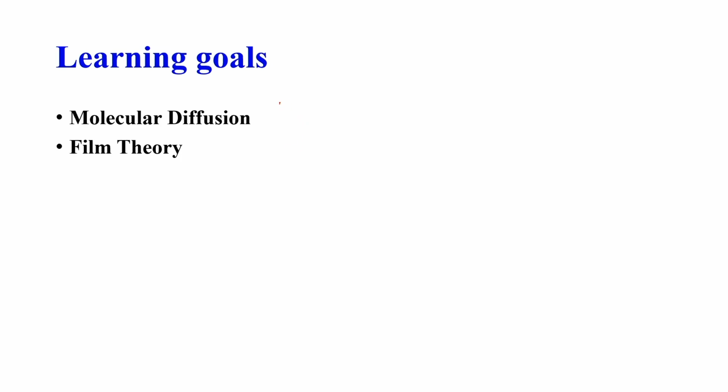So, today as I told, we will be discussing mass transfer theories, and in the subsequent lectures we will be going ahead with aeration, followed by agitation. For mass transfer we will be concentrating on these two theories: molecular diffusion as well as two film theory.